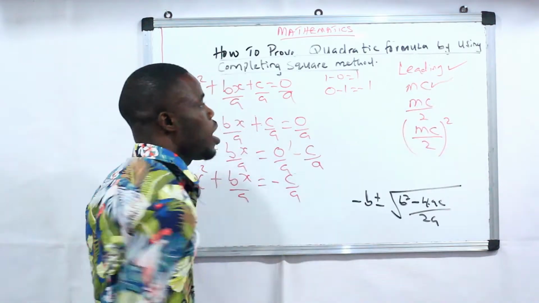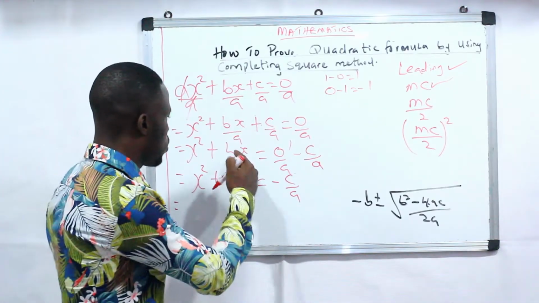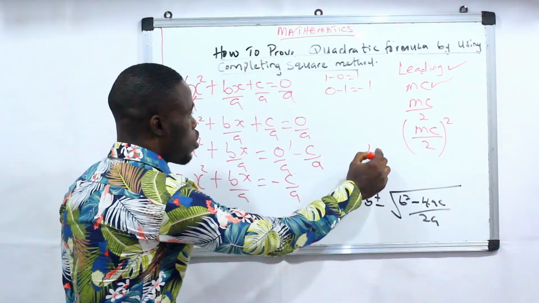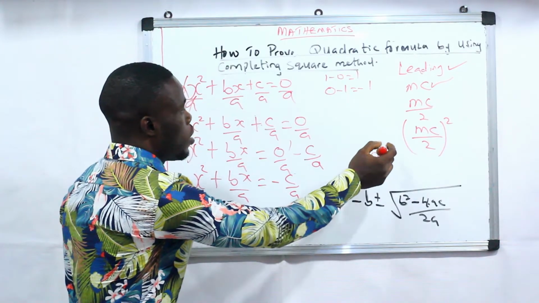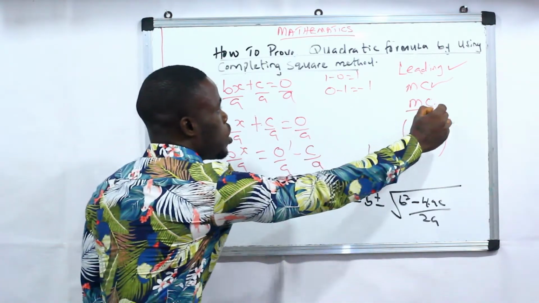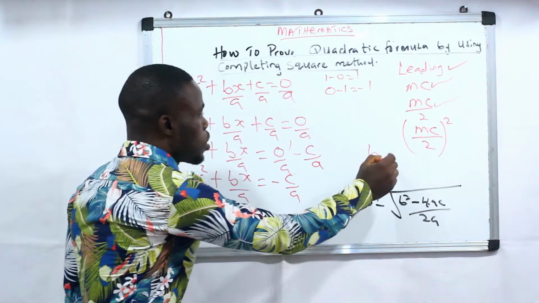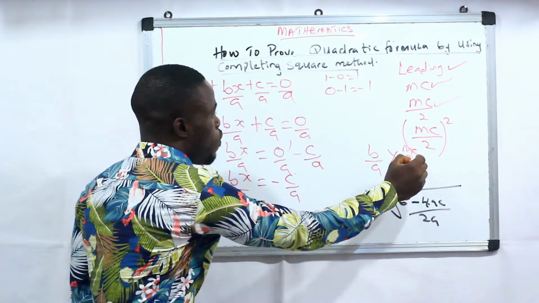Then let's go to MC. MC simply means the middle constant number, and the middle number here is b over a. So we bring it out, b over a. This is the middle constant, and we are through with that. We are going to the next step. We have to divide the middle constant by 2, so we multiply it by 1 over 2.